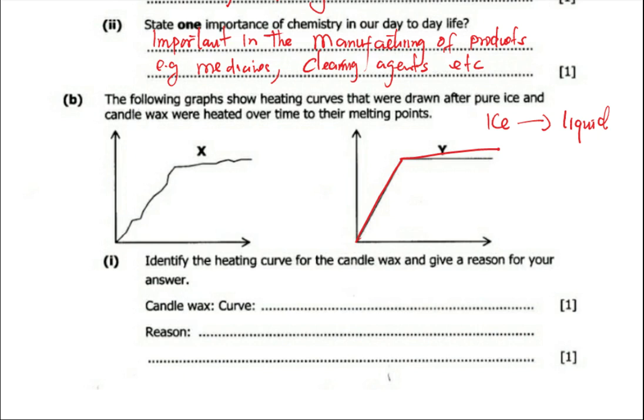It's just ice, and it's pure, by the way, so we have a symmetrical curve of this nature. So this one is for pure ice. But for this one, the change is not uniform. So that is for candle wax, curve X.